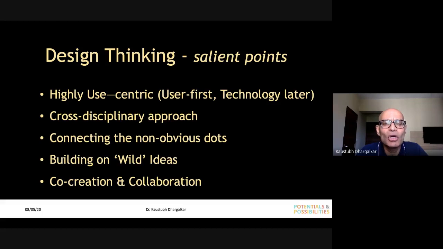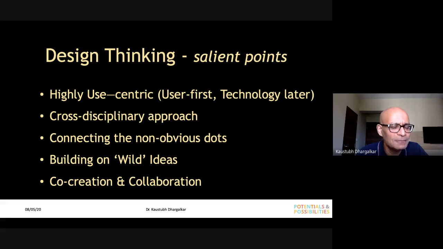And one builds on wild ideas through encouraging experimentation. And it believes in co-creation and collaboration. Once again, across disciplines, nowadays there is this term called anti-disciplinary approach. That means look at disciplines which are totally against the discipline in which you are operating, and you might get some solutions from there. So it's about collaboration, co-creation, etc.